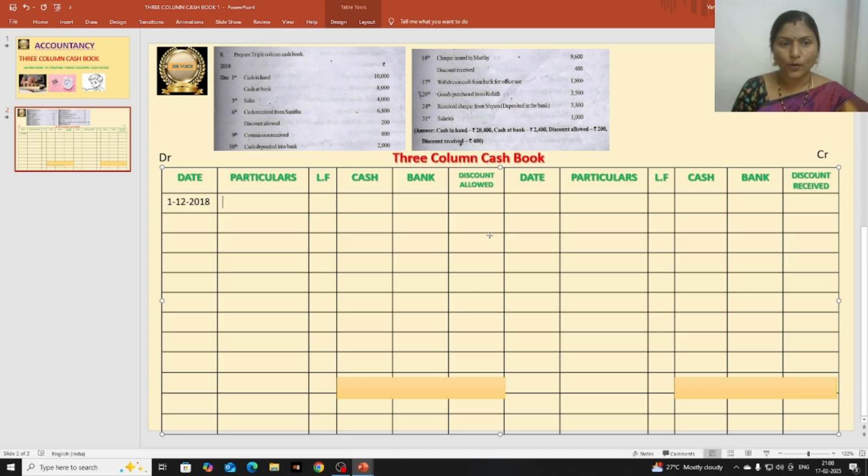Okay, so 1 dash 12 dash 2018, that is a date. So I mentioned date in the date column on the debit side.